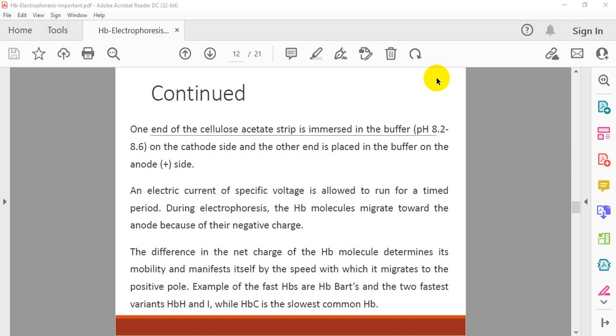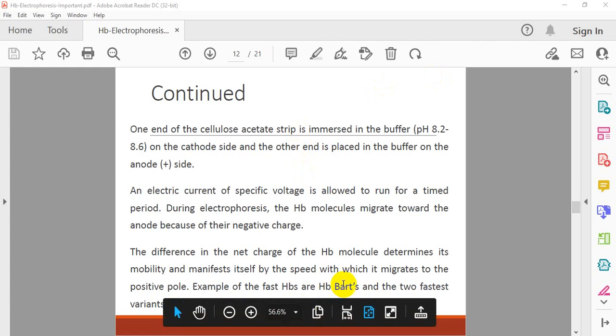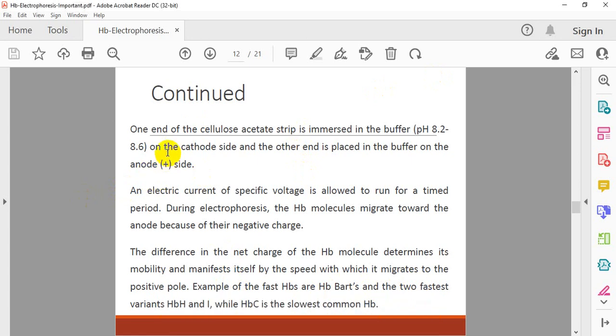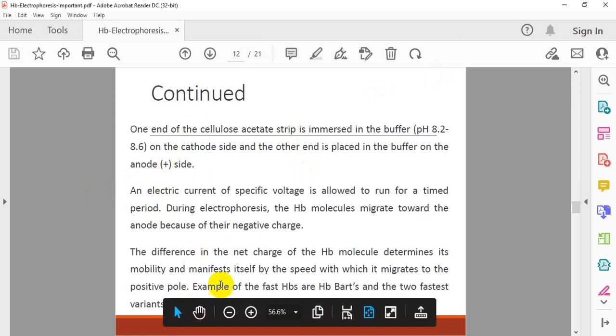The difference in the net charge of the Hb molecule determines its mobility, and manifests itself by the speed with which it migrates to the positive pole. Examples of fast Hbs are hemoglobin Bart's. They are faster because they are lightweight, and the two faster variants are hemoglobin H and hemoglobin I.